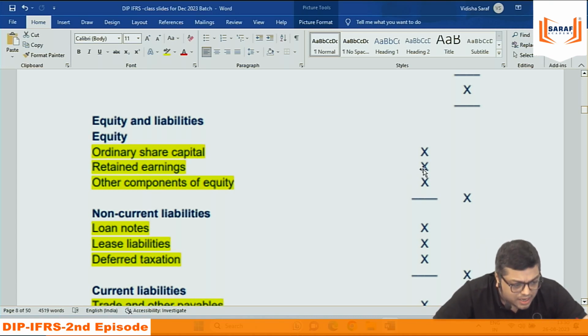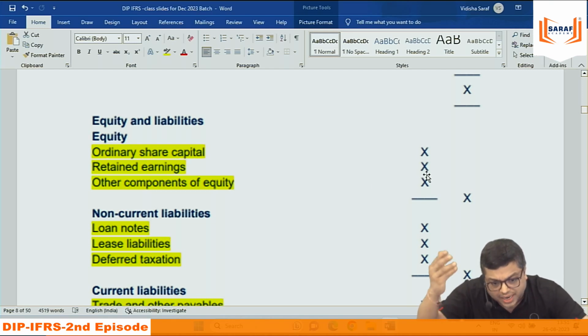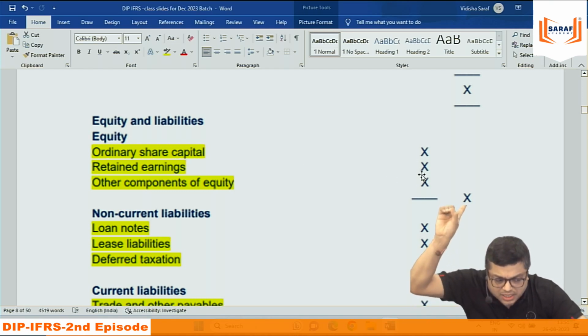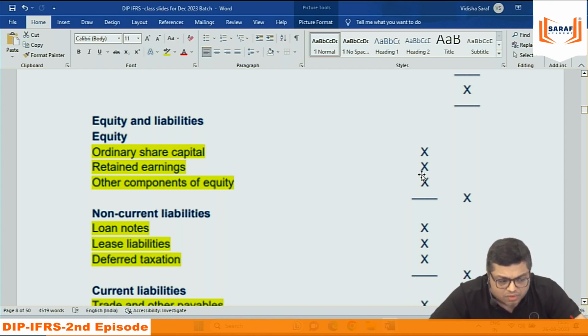So your retained earning figure here is already after deducting the dividend. Whether the dividend is paid or not, you will deduct it from retained earning in the statement of changes in equity. The balance retained earning will come here.